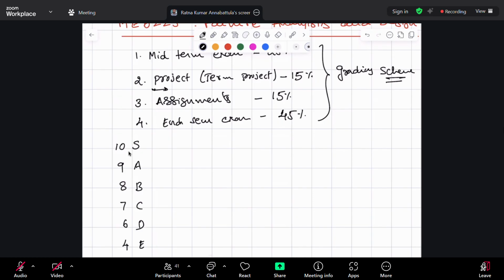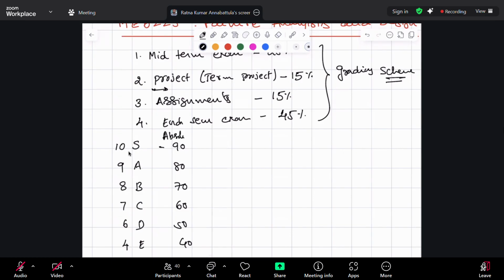Okay. Typically I follow absolute grading. When I say absolute grading, it is pretty simple: 90, 80, 70, 60, 50, 40. No confusion, pretty straightforward. This is absolute grading.